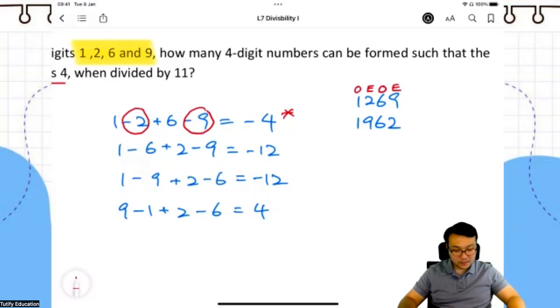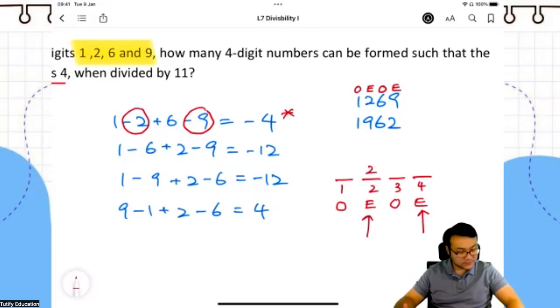I'm saying that the digit in the even position. This is the first digit. This is the second digit. This is the third. This is the fourth digit. This is an odd number. This is an even number. So the digit in an even position is 2.